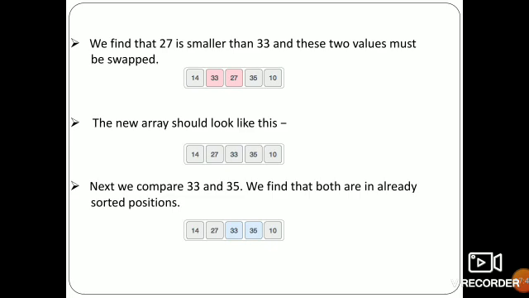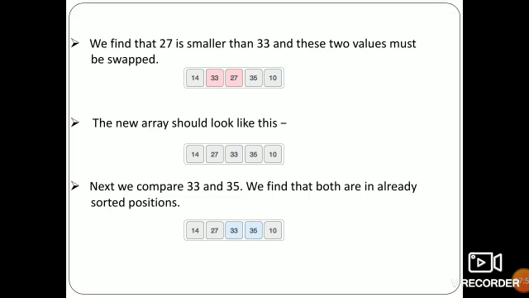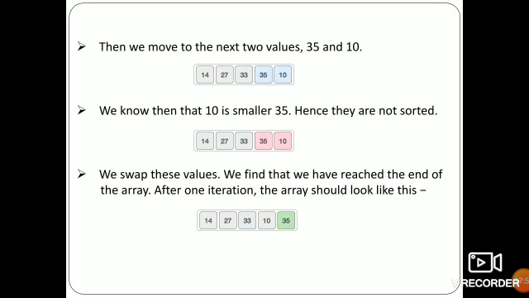Now 33 and 35 are compared. There is no need to change, they are already in order. Then we move to the next two values, 35 and 10. 10 is smaller than 35, hence they are not sorted.